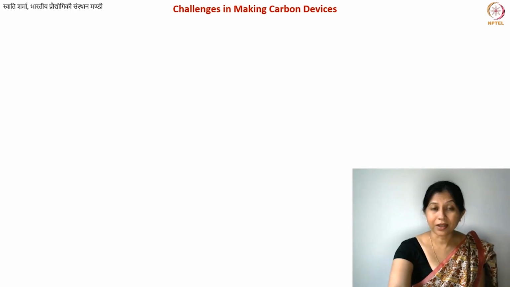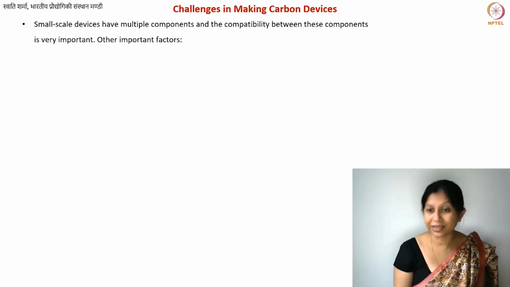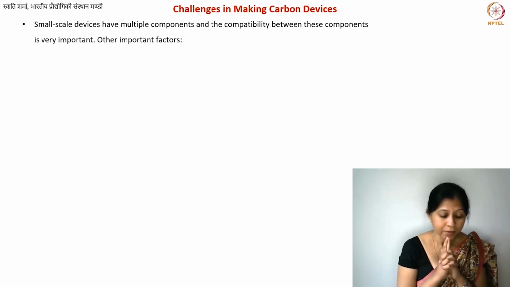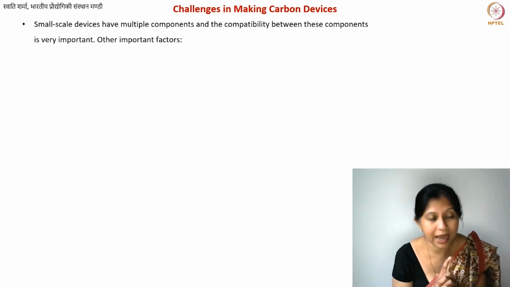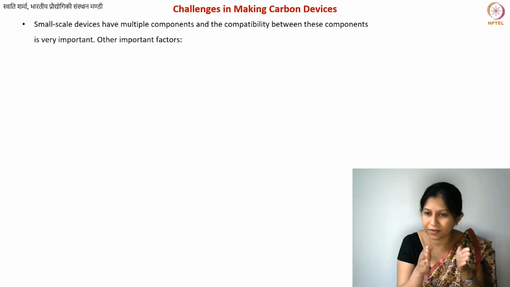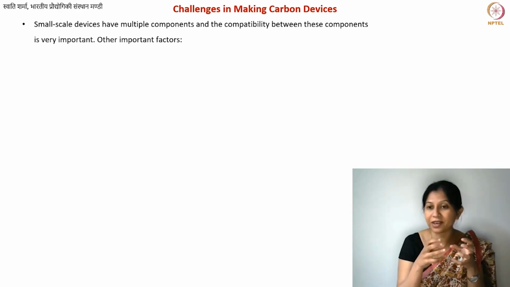Now let us talk about some primary challenges when it comes to carbon-based micro and nanoscale devices. Not just for carbon, but for all small-scale devices, often it happens that since you're using multiple components in a very small area, the footprint is very small.